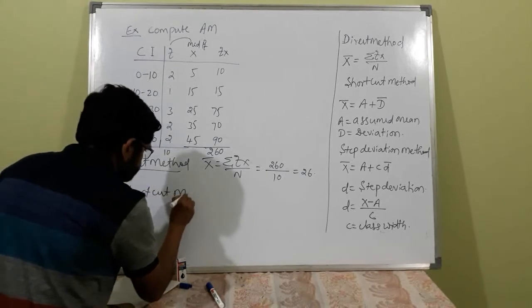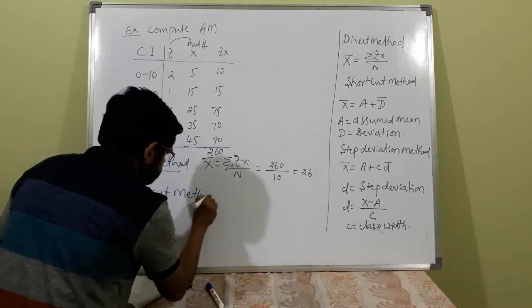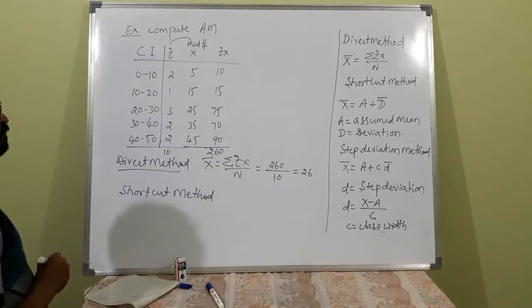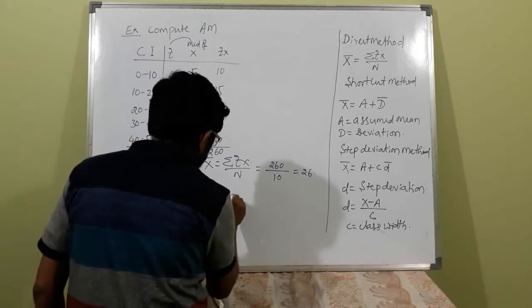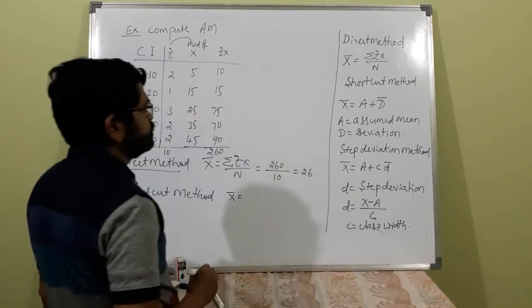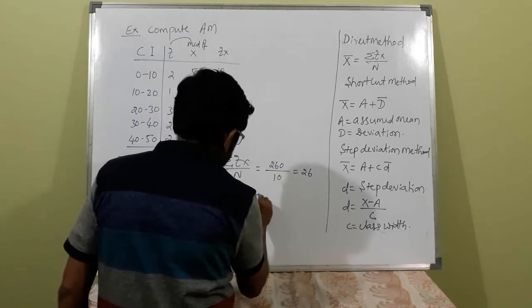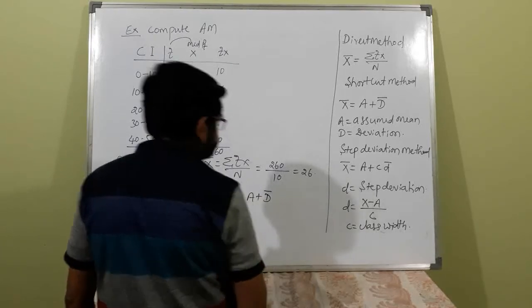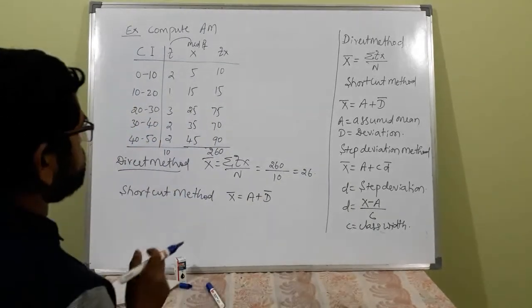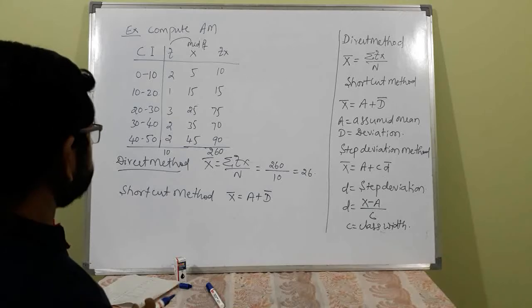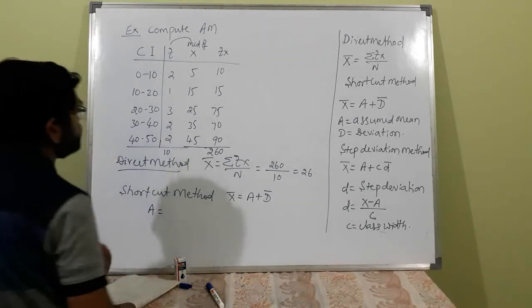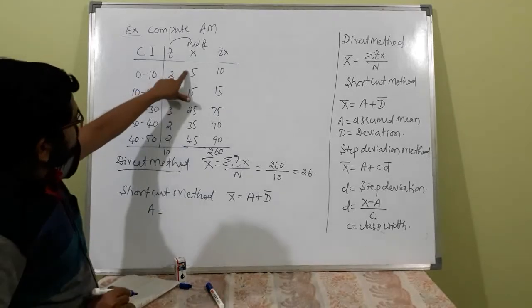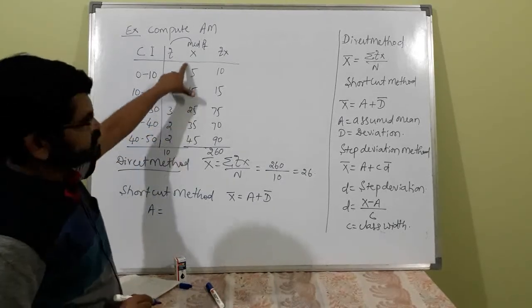Shortcut method. X bar is equal to a plus d bar. Okay. A is assumed mean, means you can take any value among this.